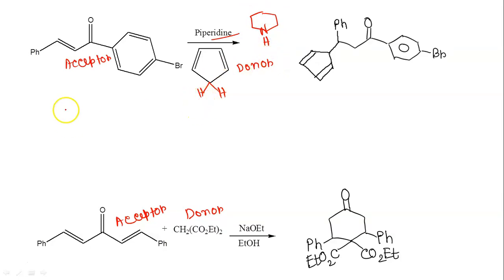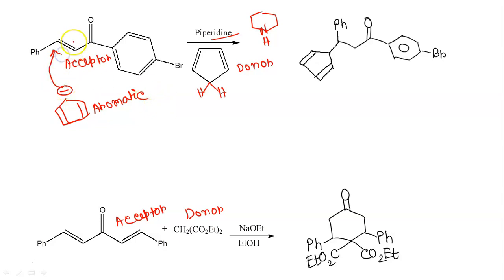So one of these hydrogens will be removed and there will be carbanion generation, and this carbanion is aromatic in nature because of the presence of 6 electrons. So that is why, though there is no electron withdrawing group, still this is generated. The carbanion is generated because it is aromatic in nature, that's why it is stable.